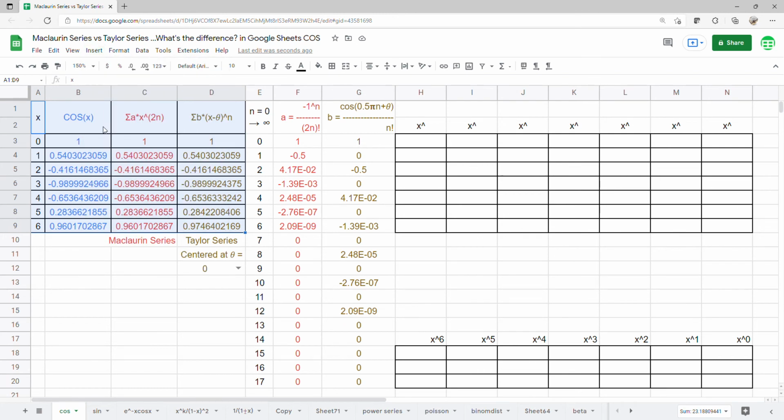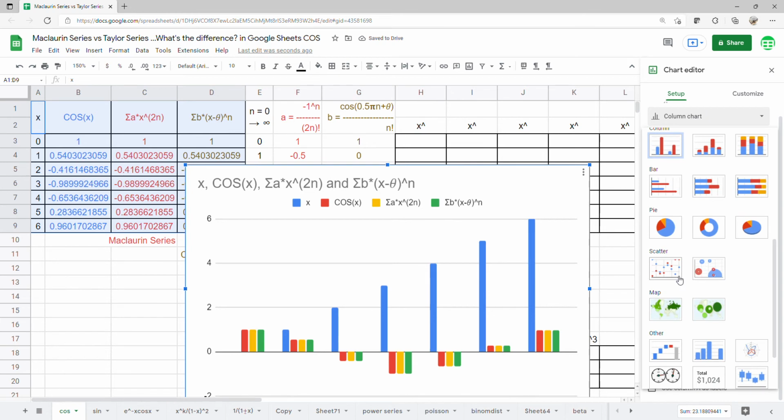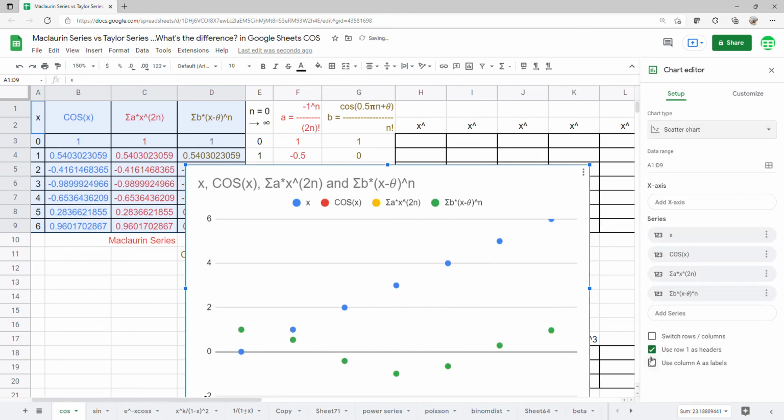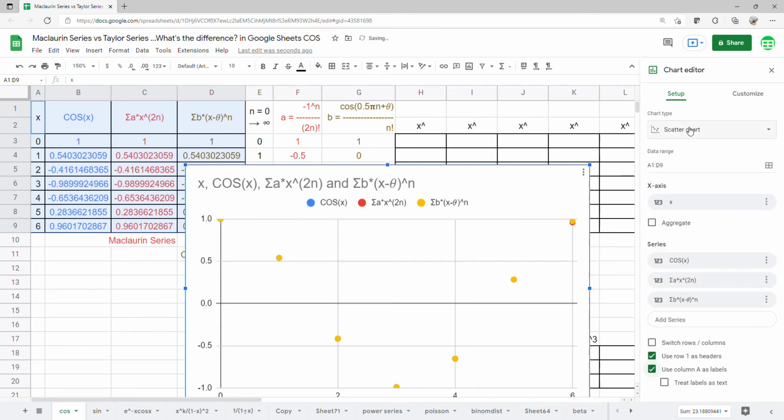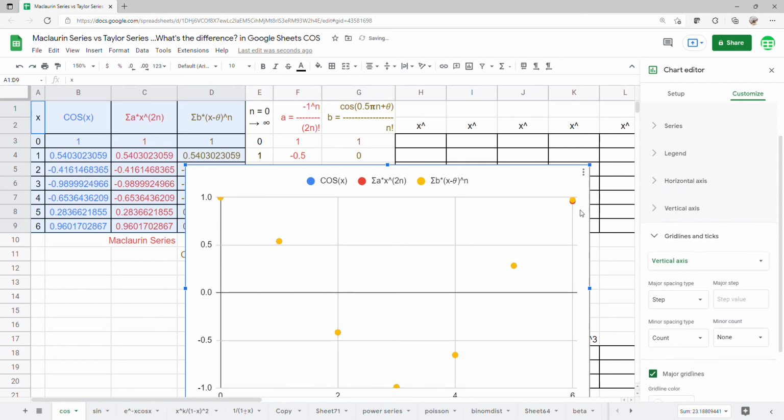Insert chart, and we use scatter chart. Use column A as label. We don't need the title, so we'll delete this, but we show the trend line.